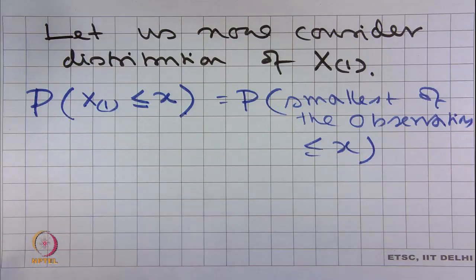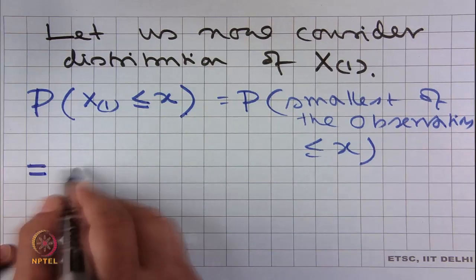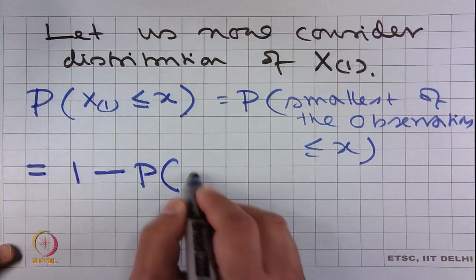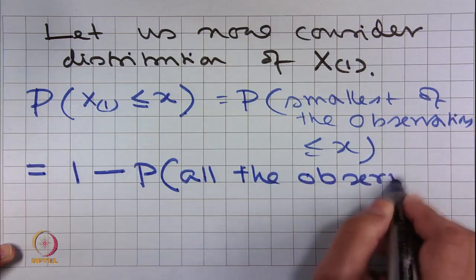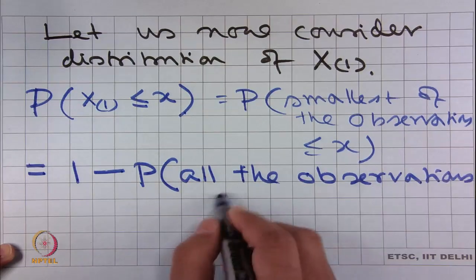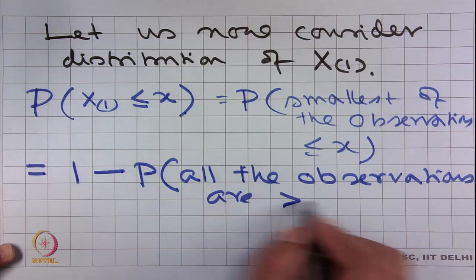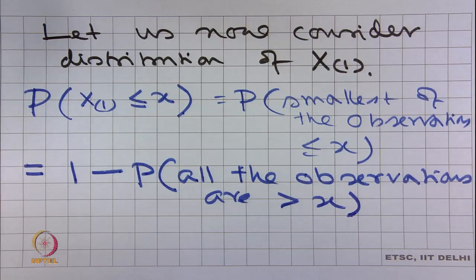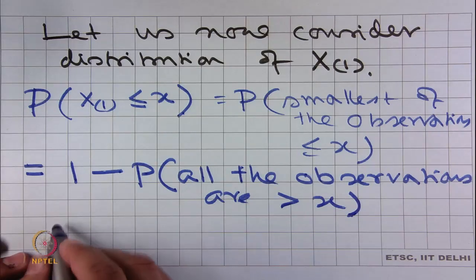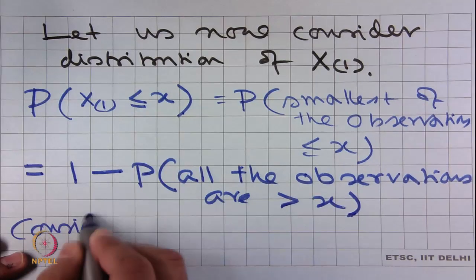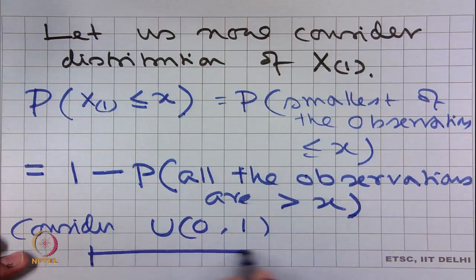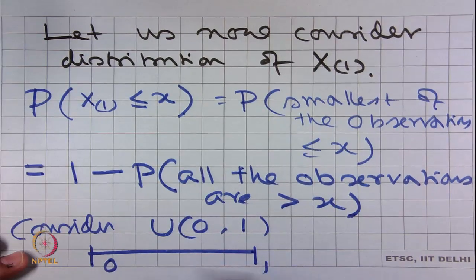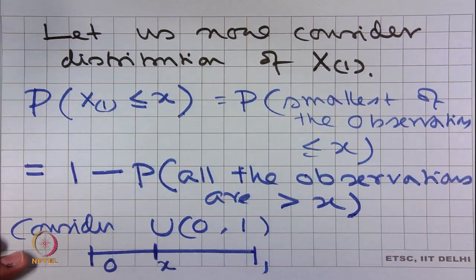Now, the smallest will be less than or equal to x, it is the complement of the event that all are greater than x. So, we consider uniform 0 1, and this is x.